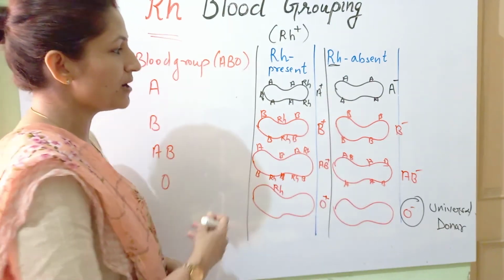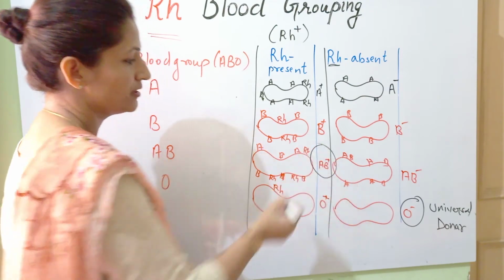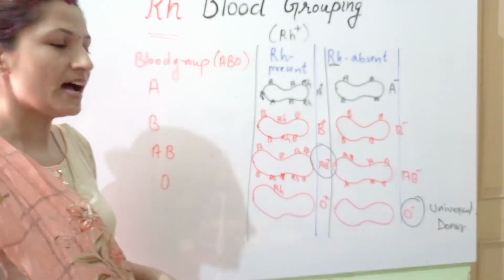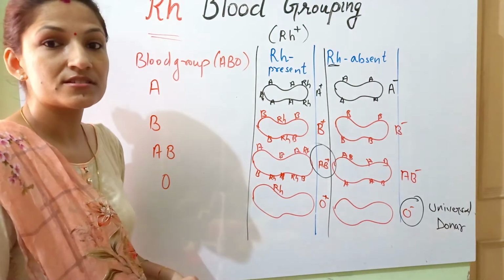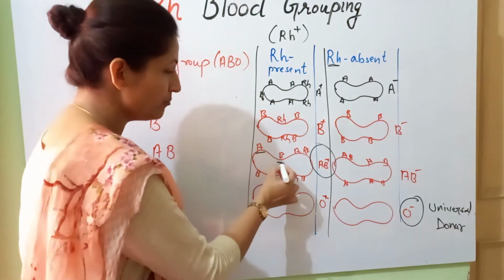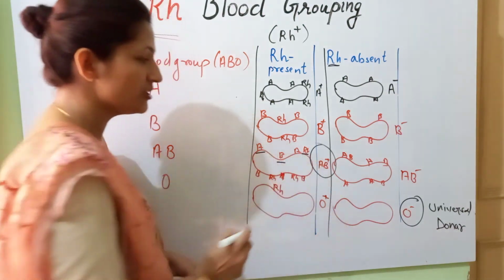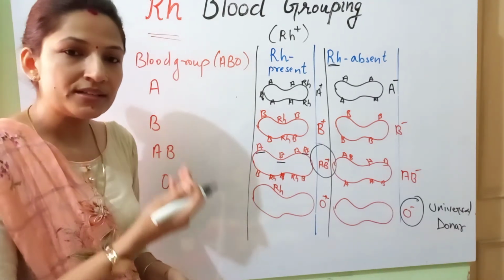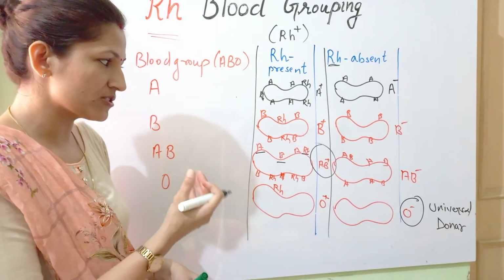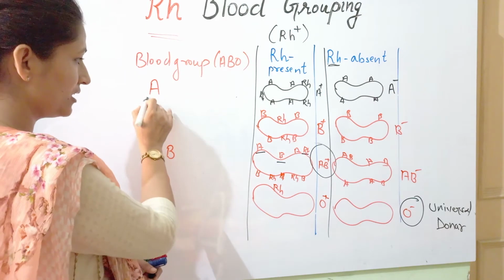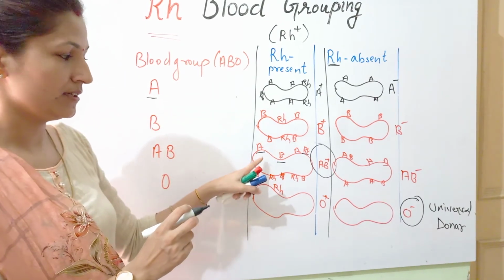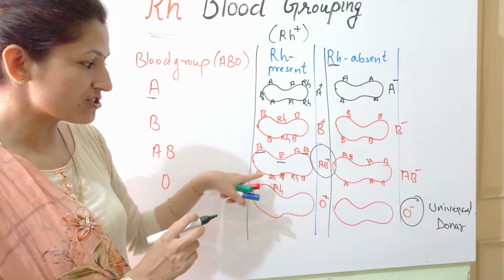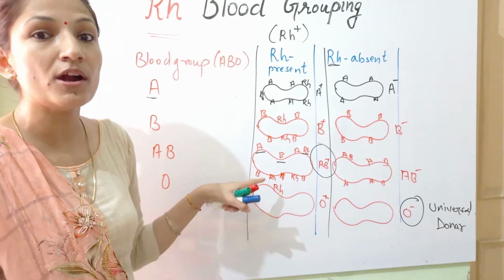When we are going to talk about AB positive, this person is having all the types of antigens. It is having A antigen, B antigen, Rh antigen. So during receiving, when the person is going to receive the blood from A, at that time, what is going to happen? Because this blood is not containing any type of antibodies.